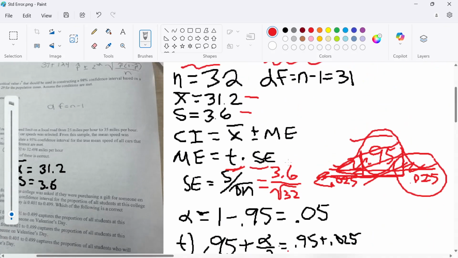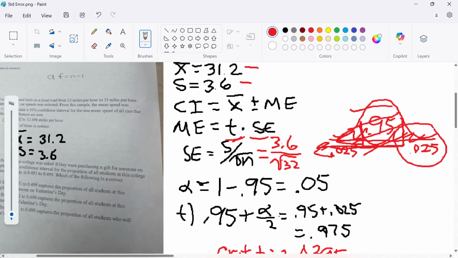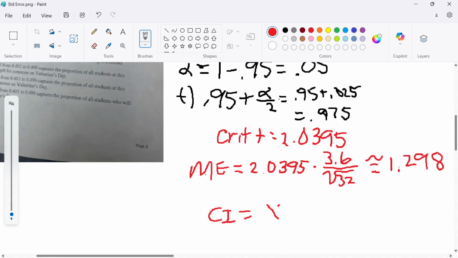So now, my confidence interval is the sample mean plus or minus the margin of error. Sample mean is 31.2 plus or minus this 1.298.